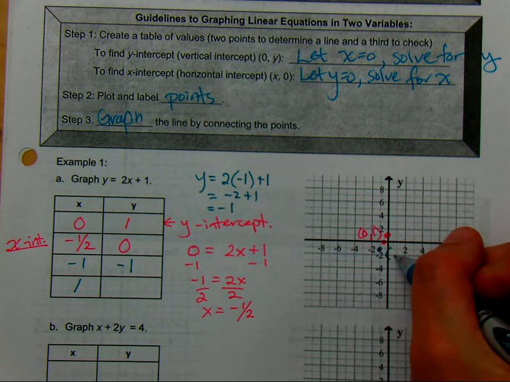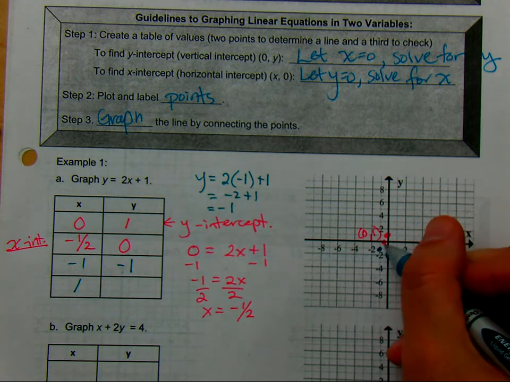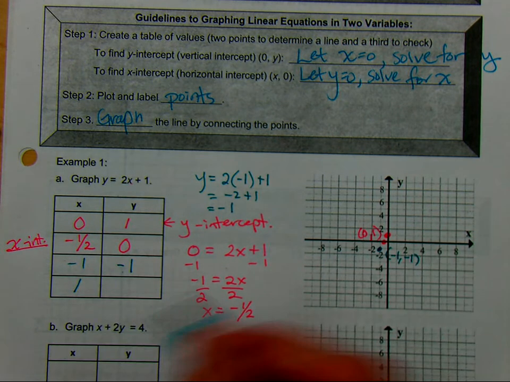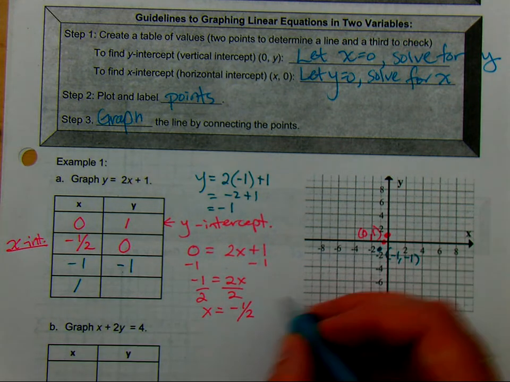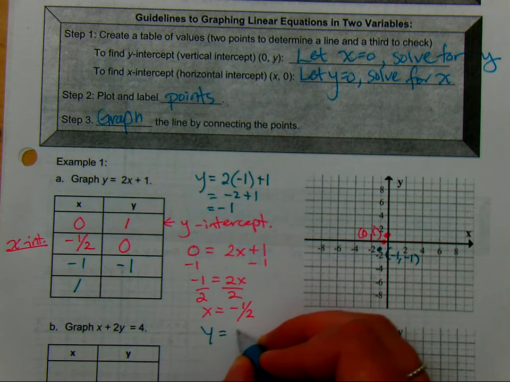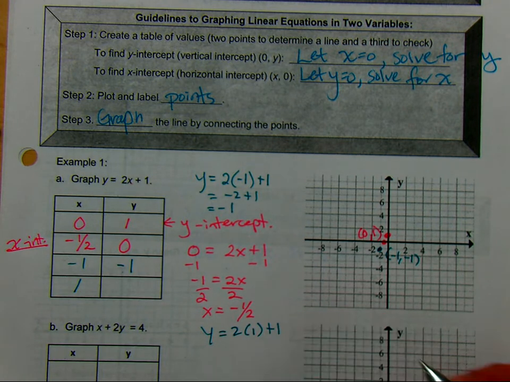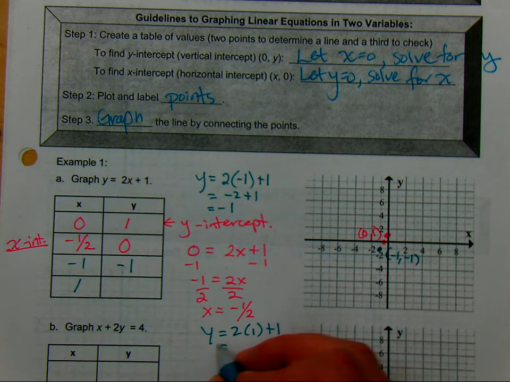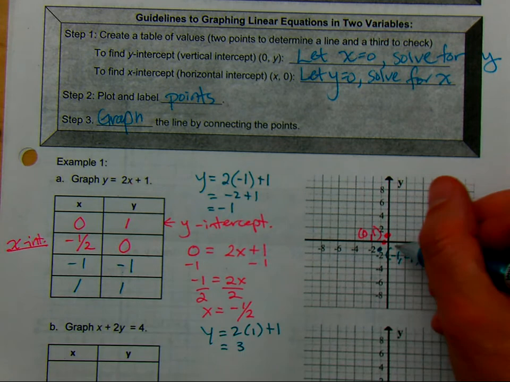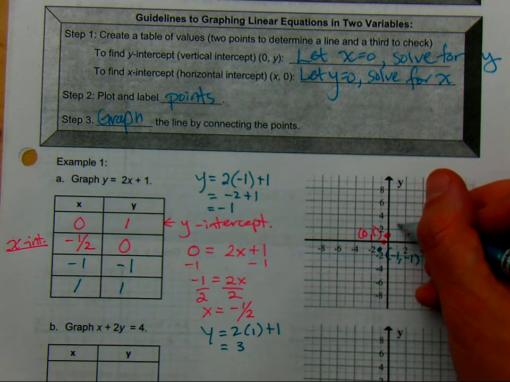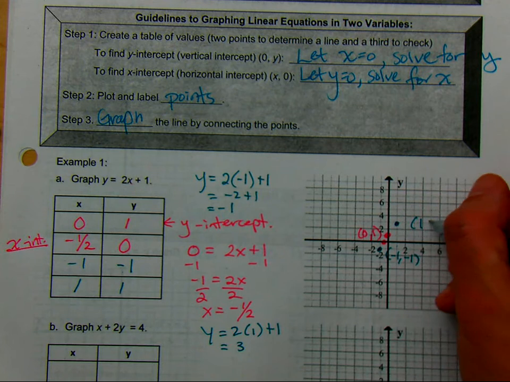You could label that (negative 1, negative 1). Got a little crowded, so I didn't label my x-intercept. And then if I plug in 1, I get y equals 2 times 1 plus 1. Does anybody know what that would be? What is it? 3. Good. (1, 3) is right here.